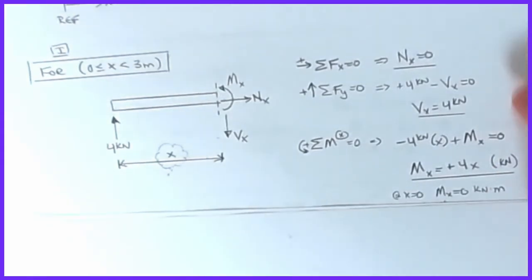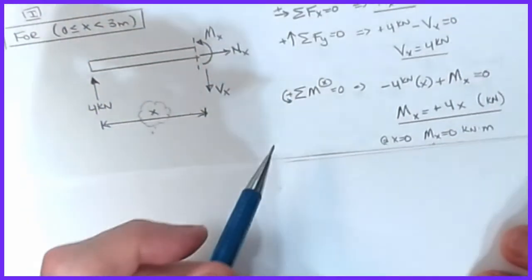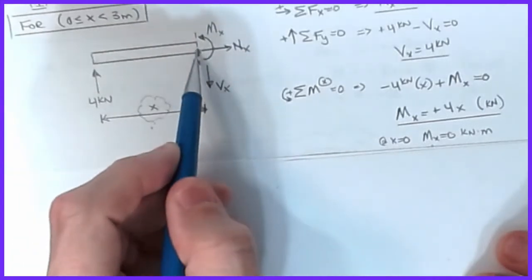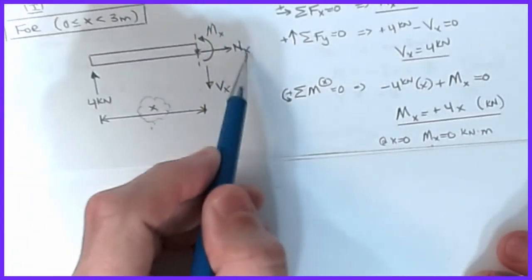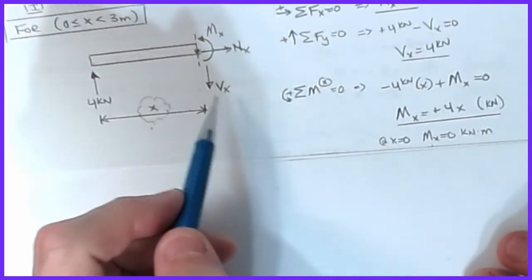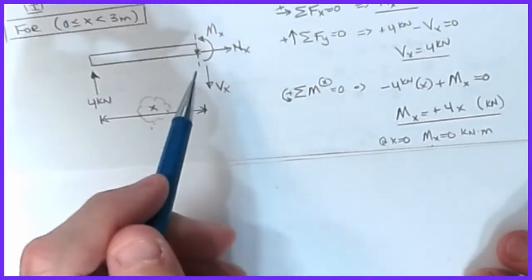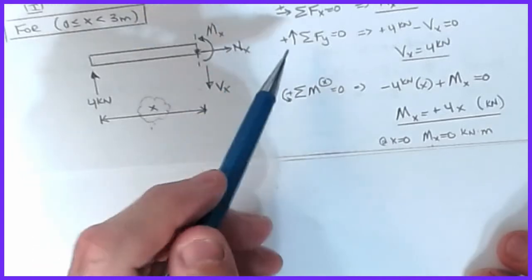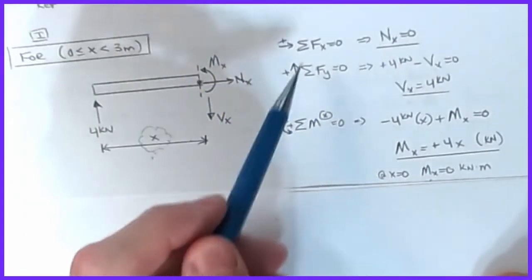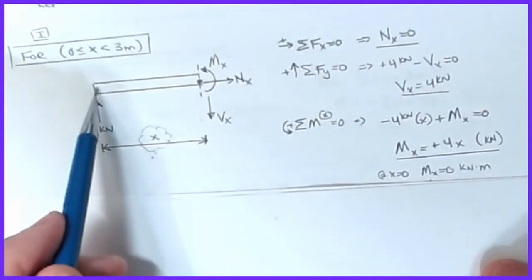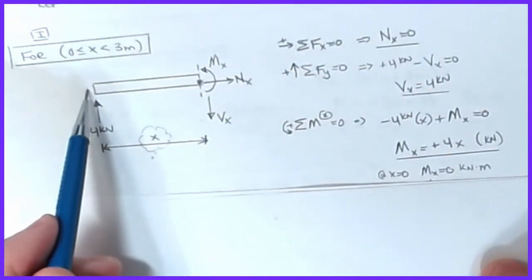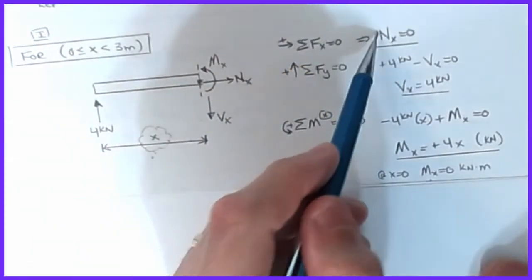Again, this is for any value of X between 0 and 3, which is kind of cool. Then similarly, I can go and do my moment. If I sum moments, and generally I write my moment equation at the cut, that lets me get rid of the Nx and the Vx. I do that for a couple of reasons. One is that if I made a mistake up here and up here, and I were summing moments at the other end, which you could do, I have to be sure that these numbers were correct.